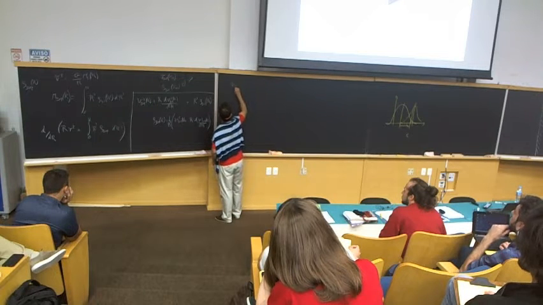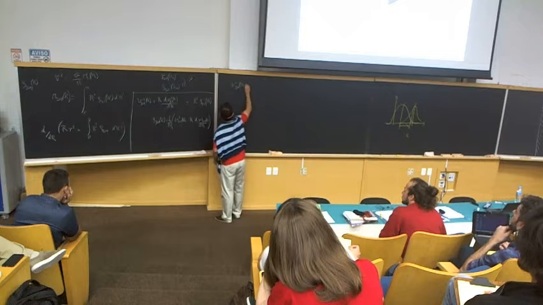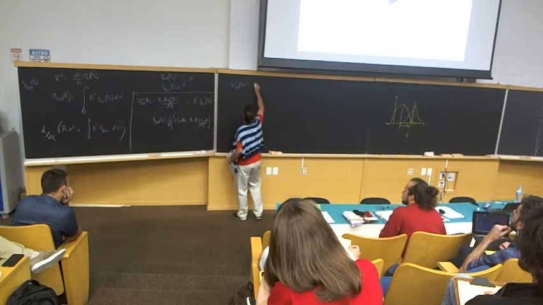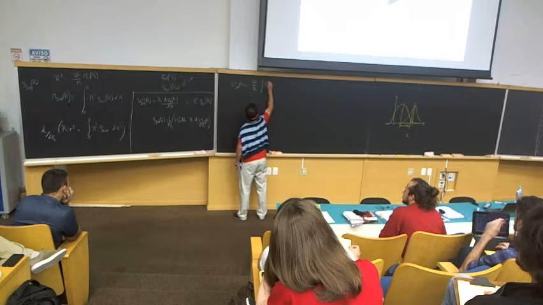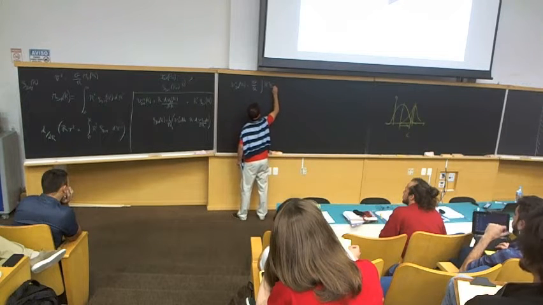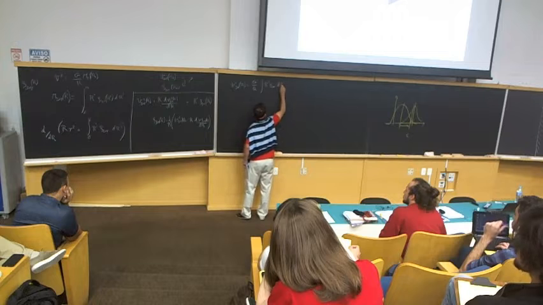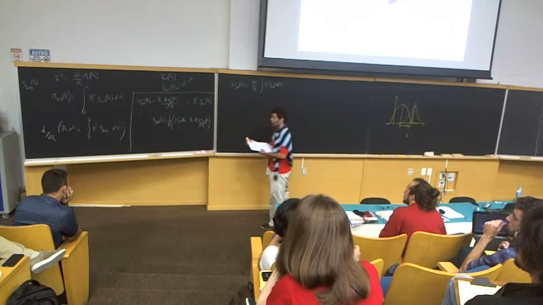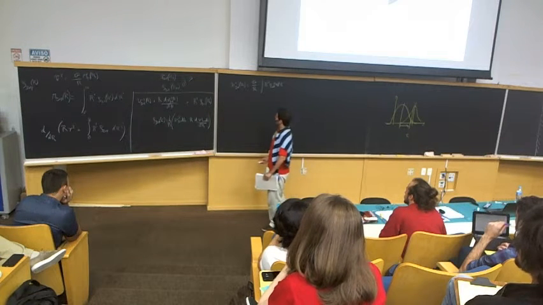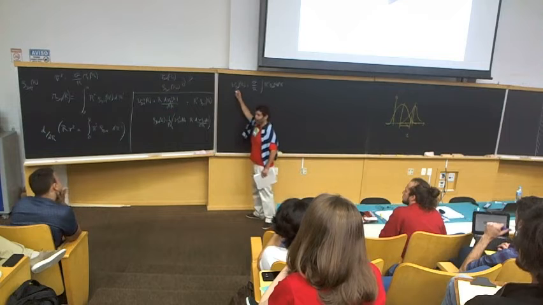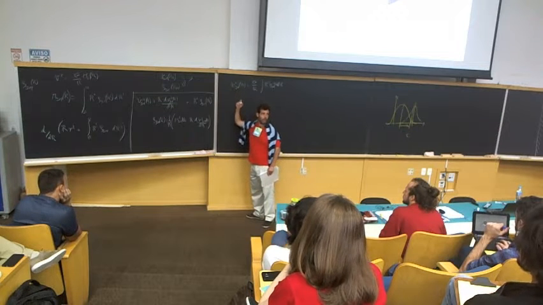So v squared of dark matter as a function of the radius is equal to G over r times the integral of r squared rho dark matter dr. Right? Well, this should be primes, but it doesn't really matter. Okay? And now I'm telling you, in this specific part of the problem this is a constant.